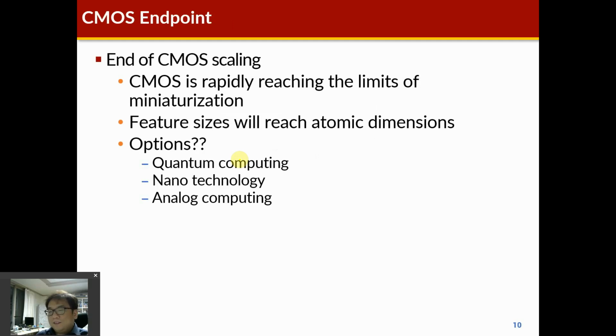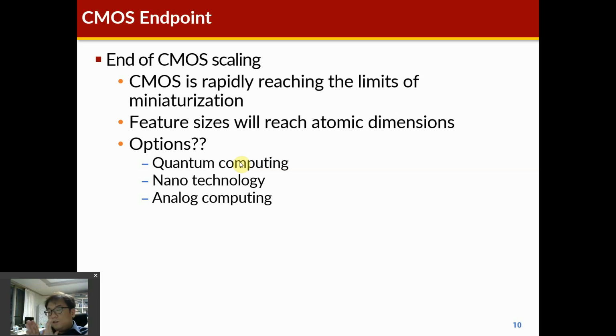Then the CMOS endpoint, so the end of the CMOS scaling. Currently TSMC is using the 7 nanometer CMOS process, CMOS technology. This 7 nanometer means the channel length of the CMOS transistor.